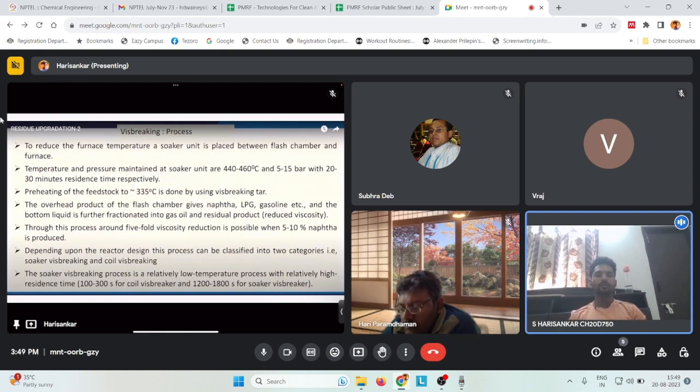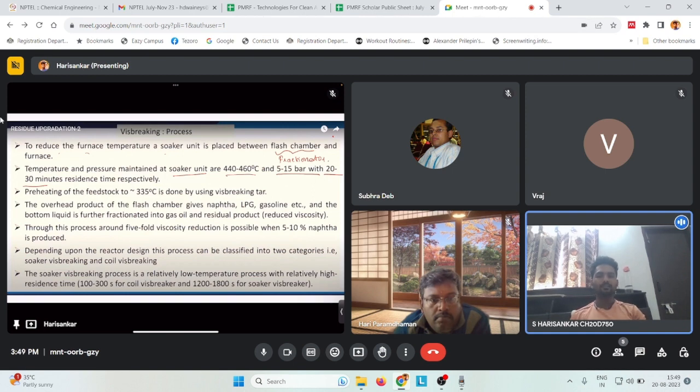If we use a soaker visbreaking process, to reduce the furnace temperature, a soaker unit is placed between the flash chamber, which is basically the fractionator, and the furnace. The temperature at the soaker unit is maintained at 440 to 460 degrees Celsius, and 5 to 15 bar pressure is maintained, with a residence time of usually 20 to 30 minutes.